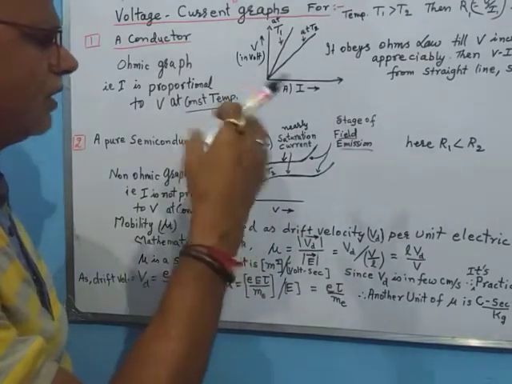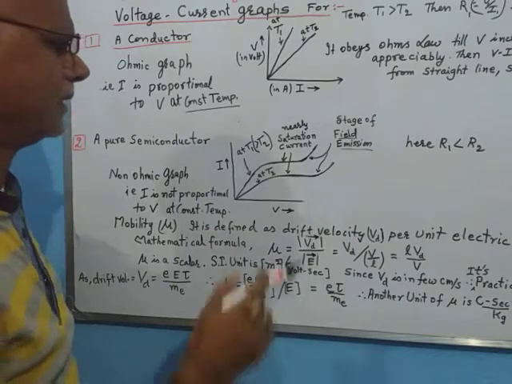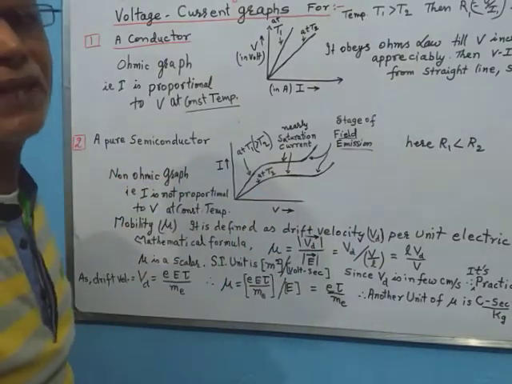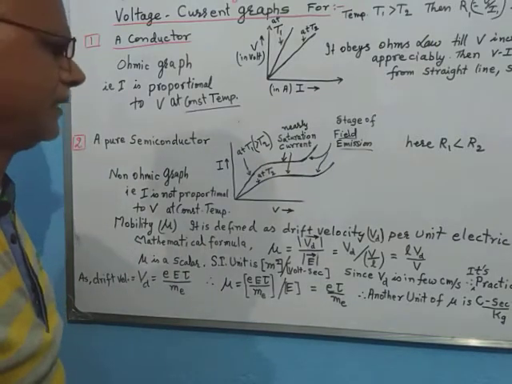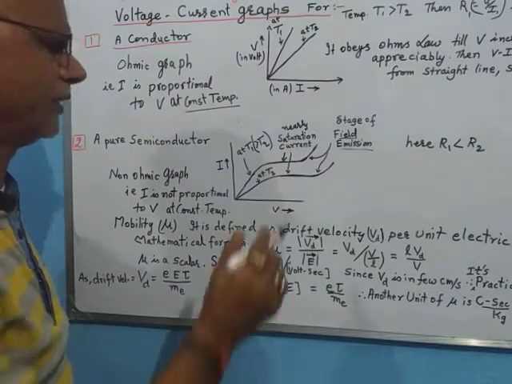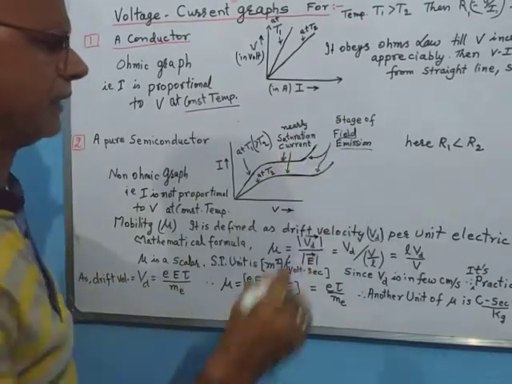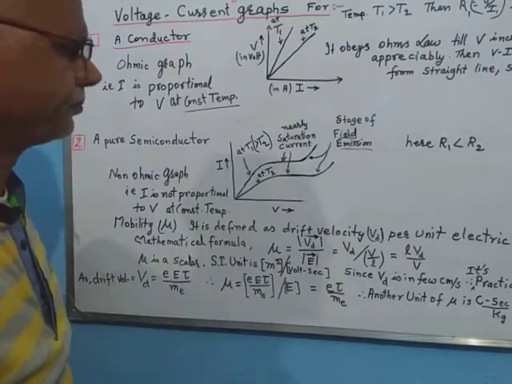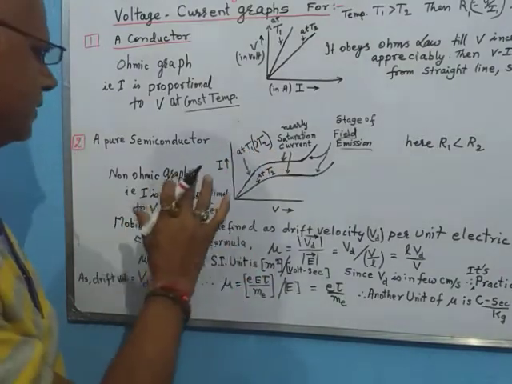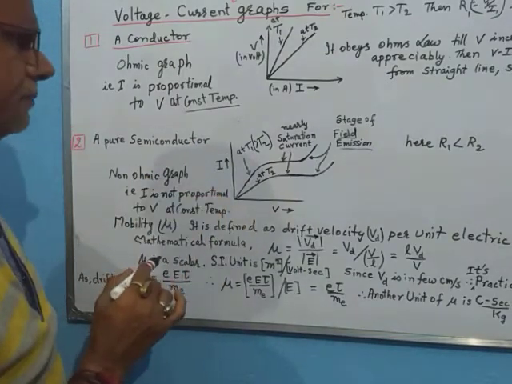We will talk more about field emission in coming chapters, but right now we can understand that under the influence of a higher electric field, more and more charge carriers are liberated, and therefore they now contribute to the electric current, and hence the electric current then increases. So this is an overall picture of the voltage current graph for a semiconductor.